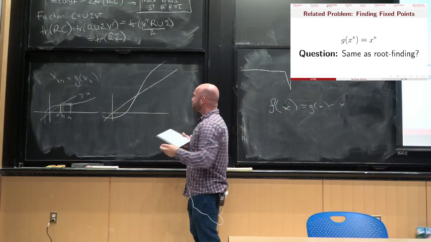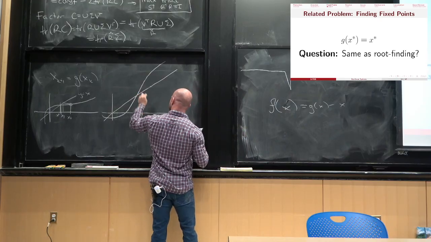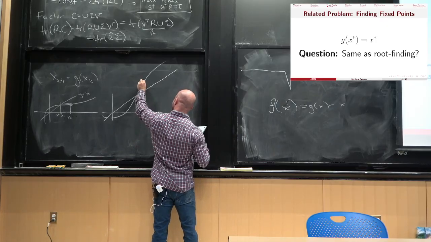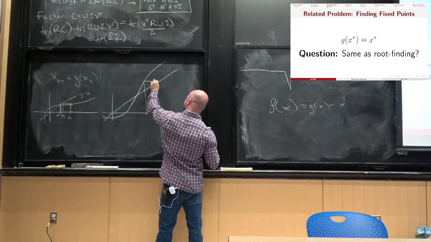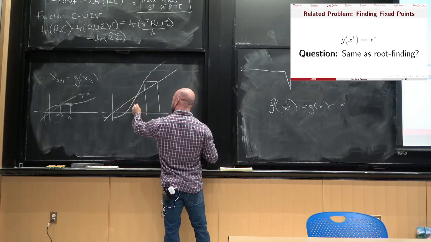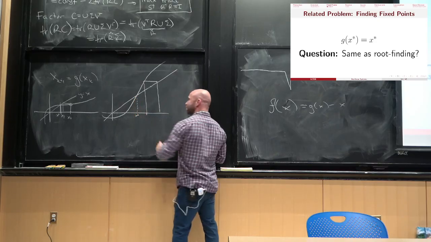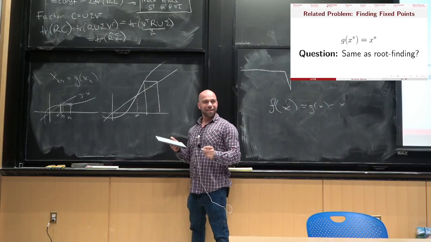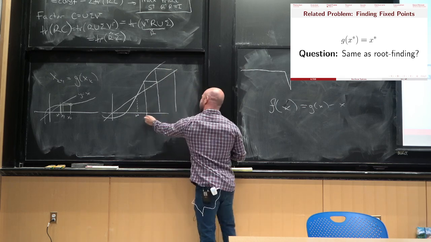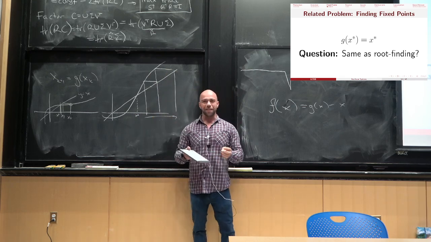But in any event, let's say that I initialize here. So what's our picture? Well, we go up to our curve and then across to y equals x. That brings us here. Notice our actual x star is there, right? That's not so good. So now we go up to our curve again. So notice that our algorithm in this case is diverging.